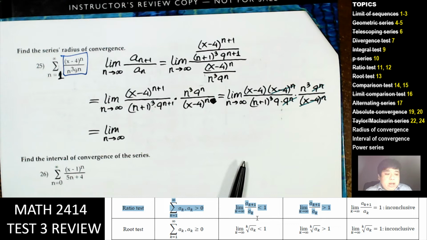By the way, one more thing though. If you look at the ratio test, it only has to be positive, so we should put the absolute values here.